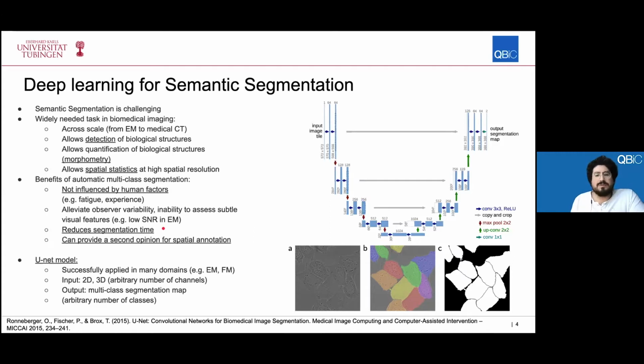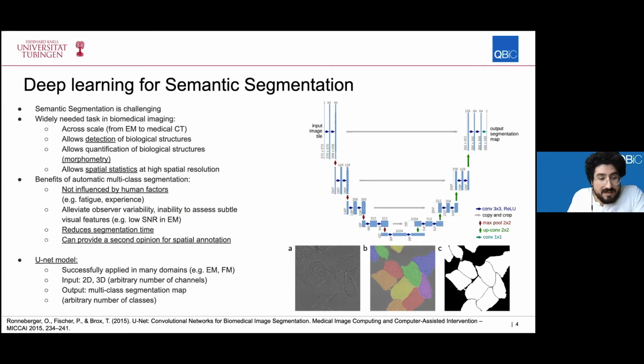Then how do we want to do it? How do we want to do semantic segmentation for a variety of medical imaging modalities? Well, there is a very successful model called the U-Net, which I'm showing here. This is what the deep neural network architecture of this U-Net looks like. It has been very successfully applied in many microscopy domains and medical imaging as well.